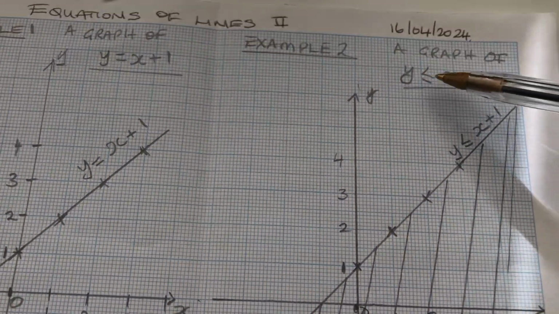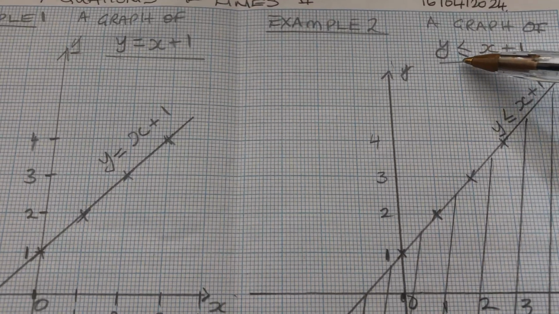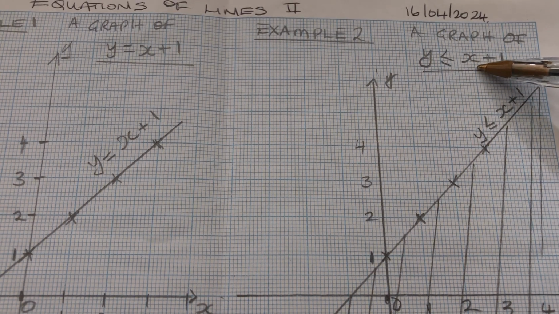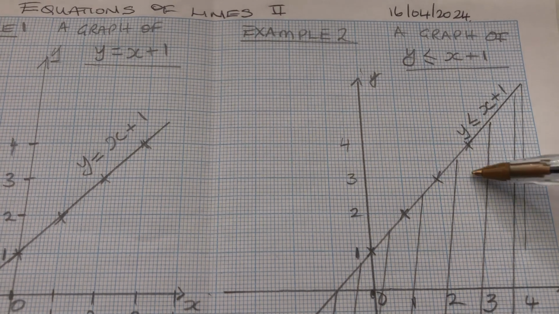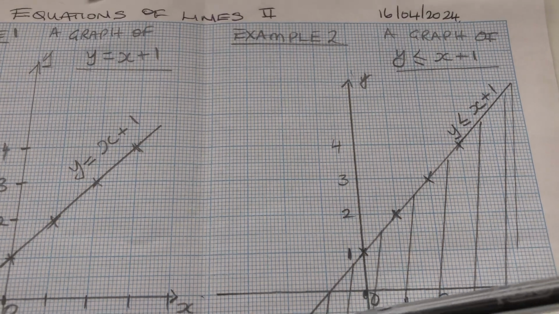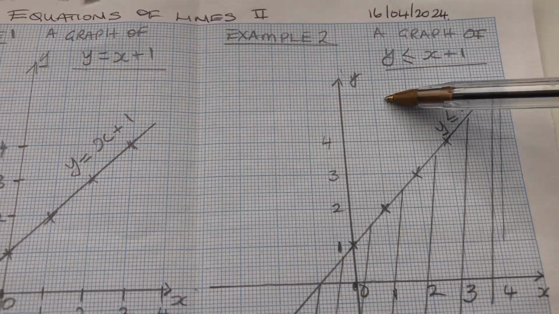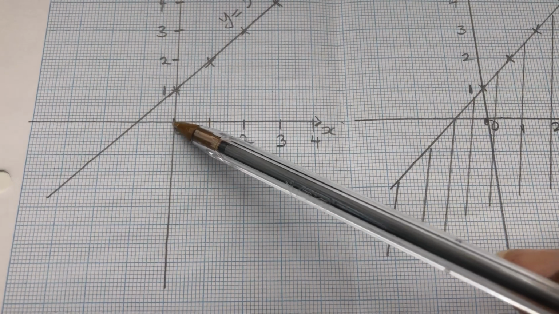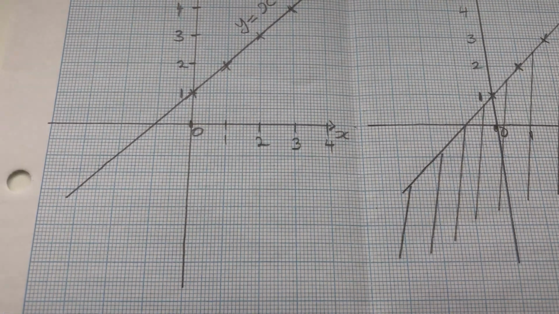To find out whether y is less than or equal to x plus 1 is this region here or the region above the line, I'm going to choose this point because it is not on the line.